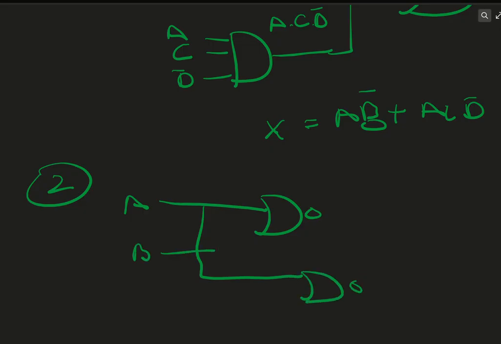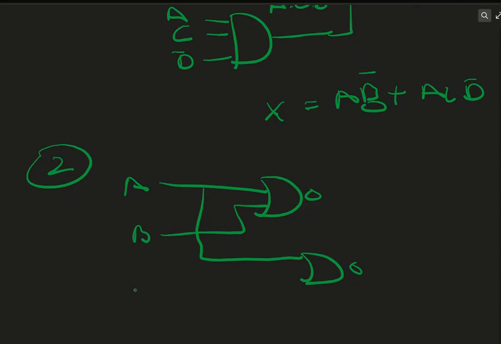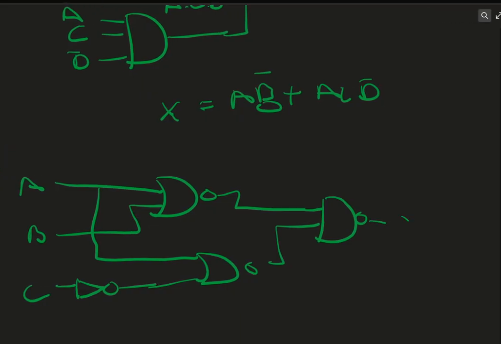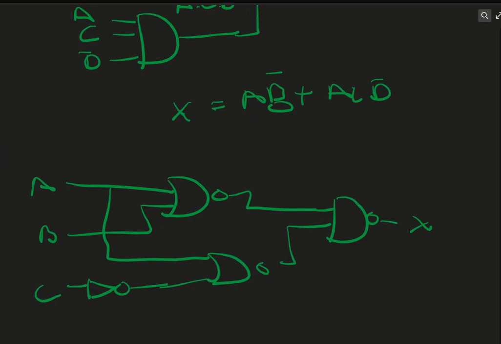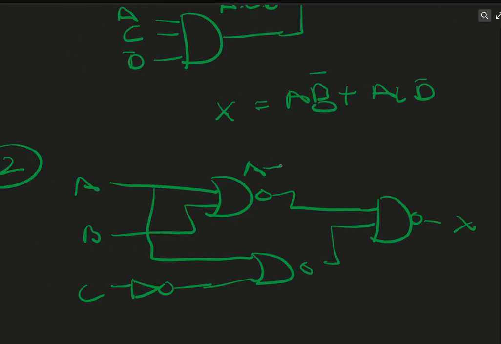B is connected to the NOR gate with A, and C prime is inverted by a NOT gate, and then we have a NAND gate. It's a little bit complicated circuit, but the only thing to do is to go step by step.